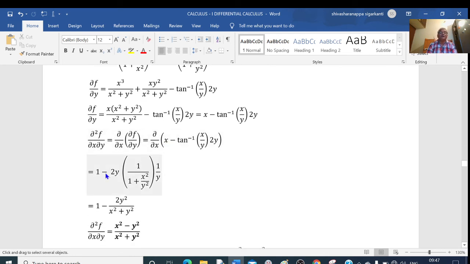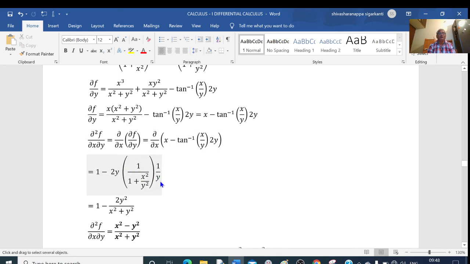derivative of x is 1 minus, we are differentiating with respect to x, therefore 2y is a constant quantity. Okay, so 2y constant quantity, and this tan inverse derivative is 1 by 1 plus x²/y² into x by y derivative with respect to x, 1 by y constant quantity, derivative of x is 1.